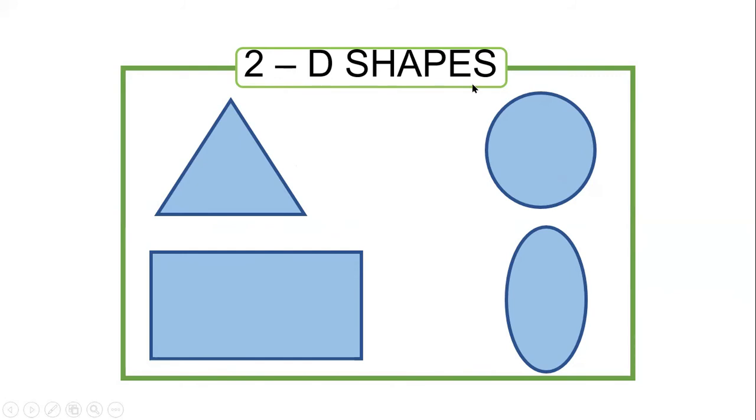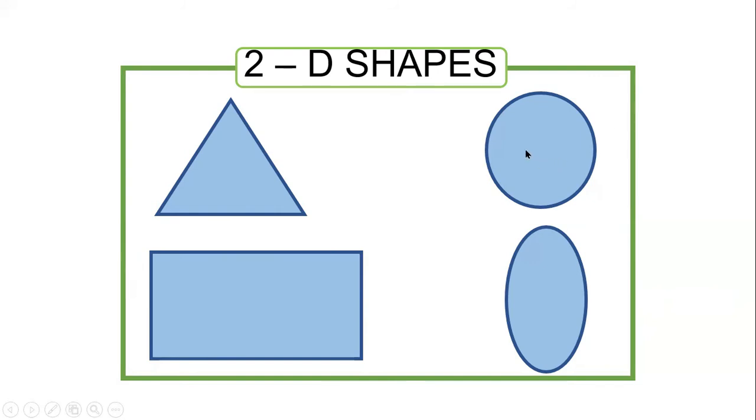Okay, and I believe right now you can be able to talk about these 2D shapes. For instance, you can say, okay, this is a triangle. A triangle has 3 corners and 3 sides. This is a quadrilateral. It has got 4 corners and it has got 4 sides.